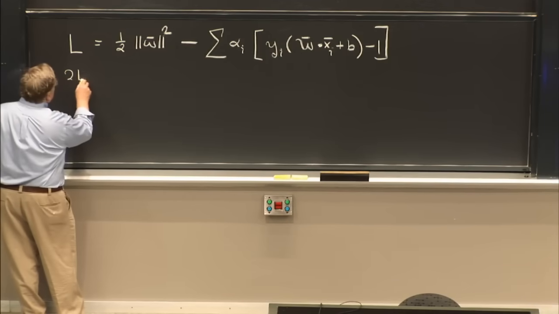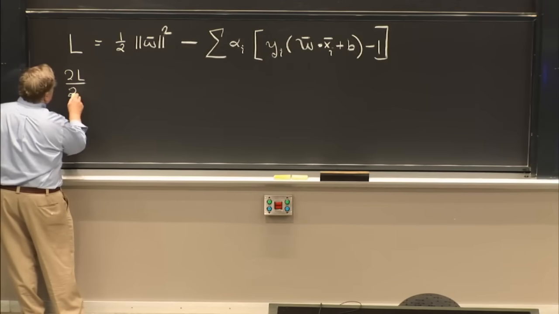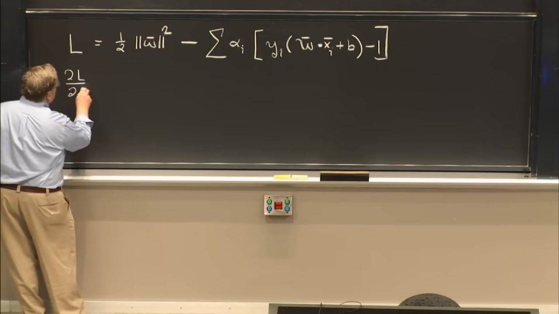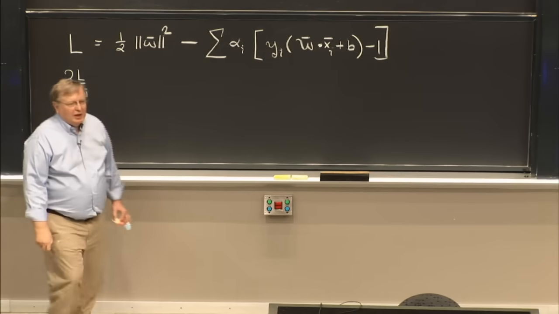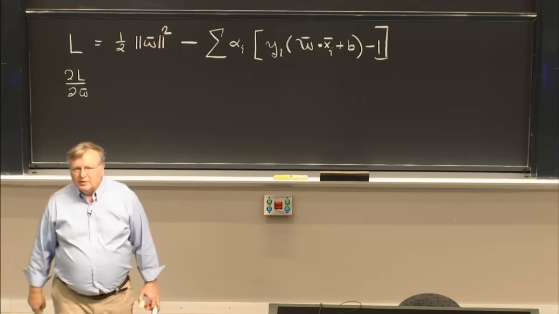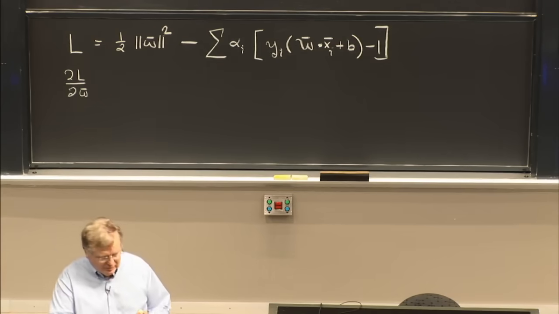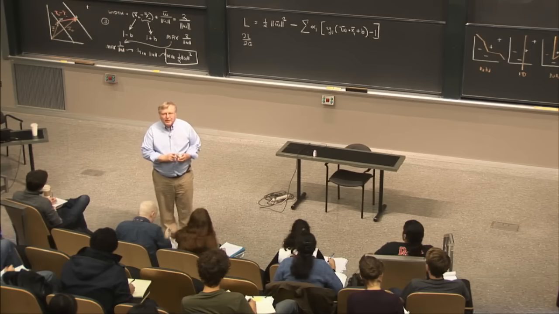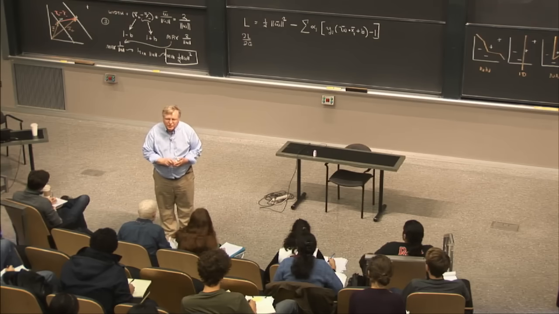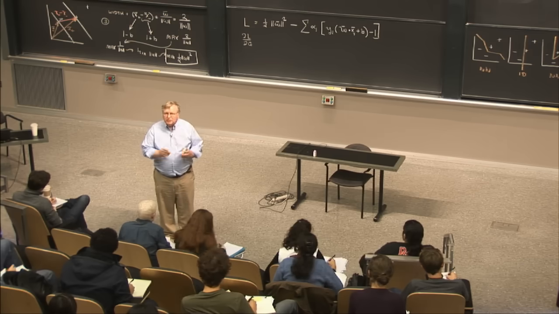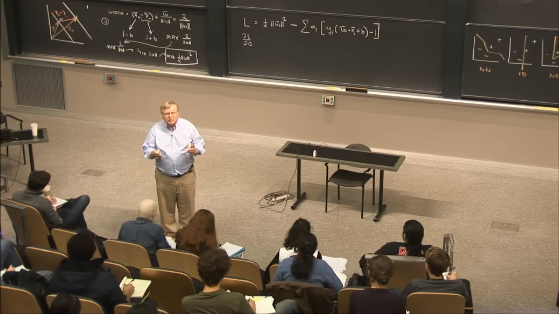Let's take the partial of L, the Lagrangian, with respect to the vector W. Oh my God, how do you differentiate with respect to a vector? Turns out that it has a form that looks exactly like differentiating with respect to a scalar. And the way you prove that to yourself is you just expand everything in terms of all the vector's components.